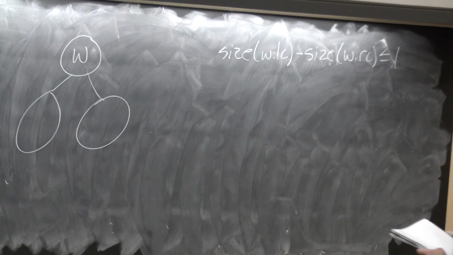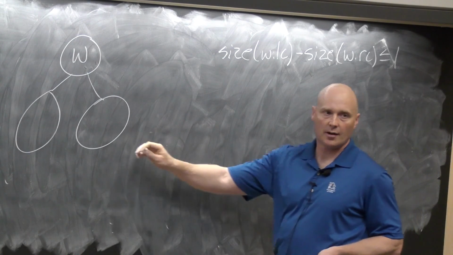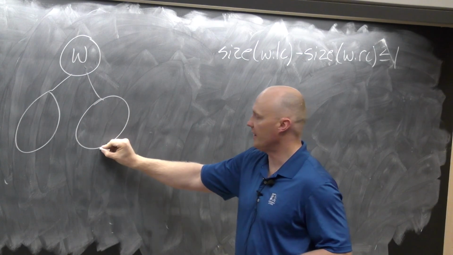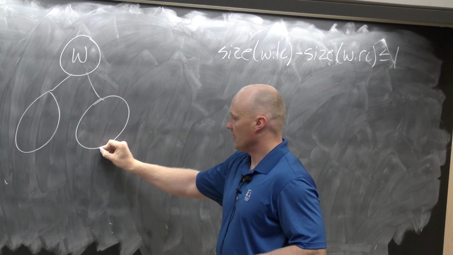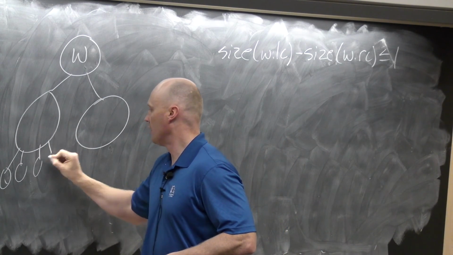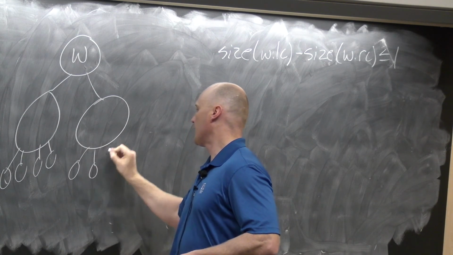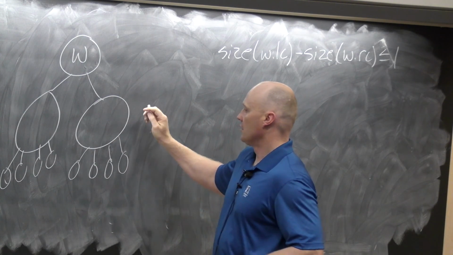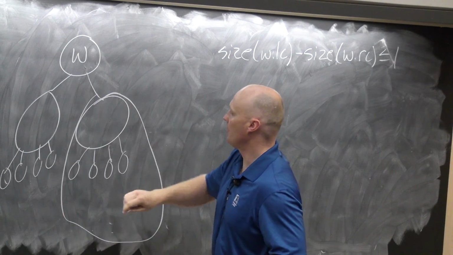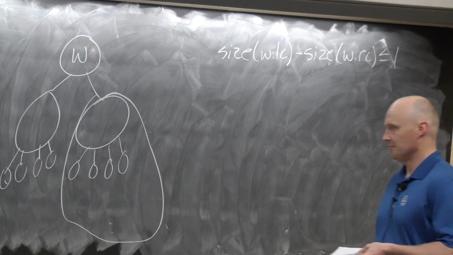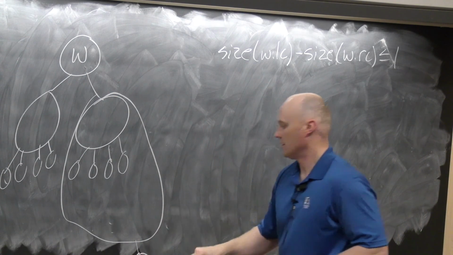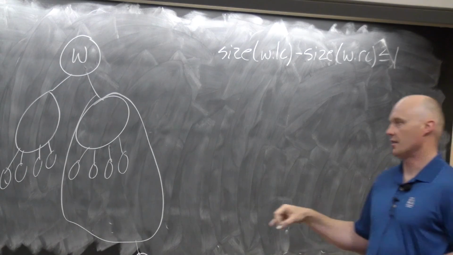Then we do a bunch of add or remove operations on W, and we add some children here, always in a balanced fashion. But at some point, since W is the scapegoat, we know that this side got very large. And then we eventually added X, which triggered a rebuild because the tree was too high.